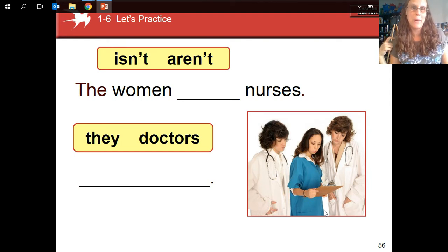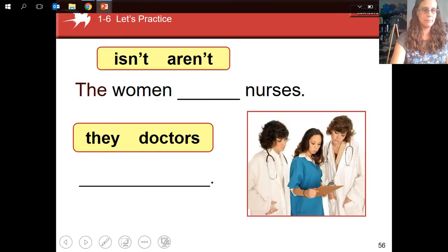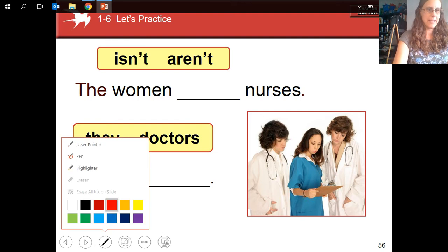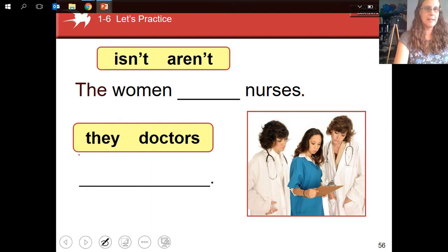Here we have the women nurses. Isn't or aren't. Careful reading. The women isn't nurses. The women aren't nurses.